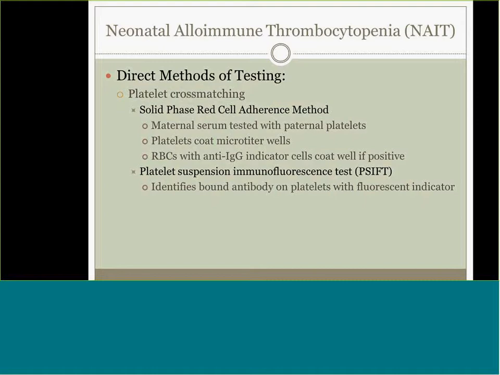Because you're actually looking at a fluorescently tagged antibody alongside platelets, and you're looking at it under the microscope, and in that sense, it's kind of similar. It's very subjective, kind of like rosetting. Well, rosetting is less so, but the Kleihauer-Betke test. And yeah, so you're kind of looking for ghosts. Okay.